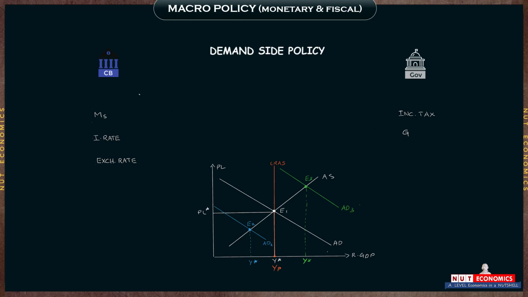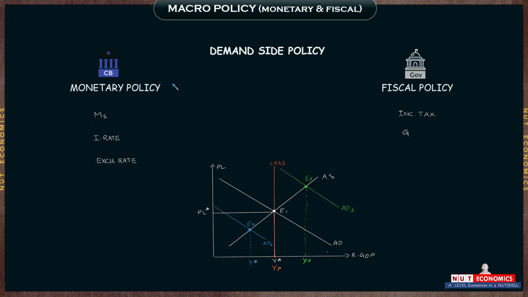And when the central bank uses these three tools to manage the country's aggregate demand, this is known as monetary policy, and it is controlled by the central bank. Whereas if these two tools are used to manage and control the country's aggregate demand, that constitutes fiscal policy, and these tools of fiscal policy are controlled by the government.